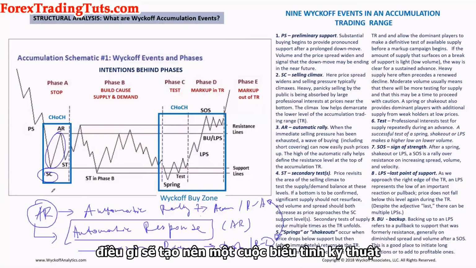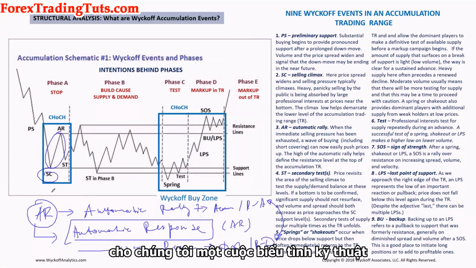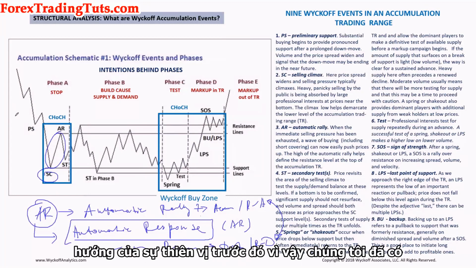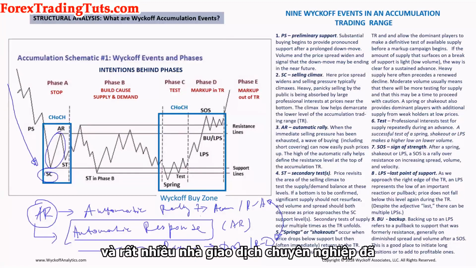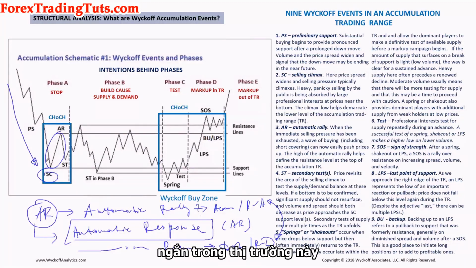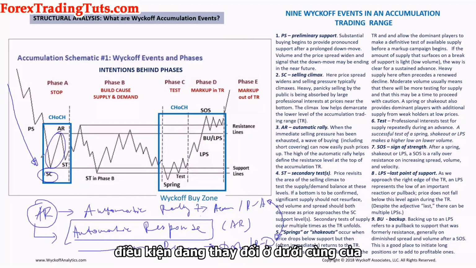So what would constitute a technical rally for us? A technical rally is something that happens just because there is a close of positions in the direction of the previous buys. So we had a downtrend, and a lot of professional traders were short in this market. And then once they see that the conditions are changing at the bottom of the selling climax, what do they do? They close their positions.